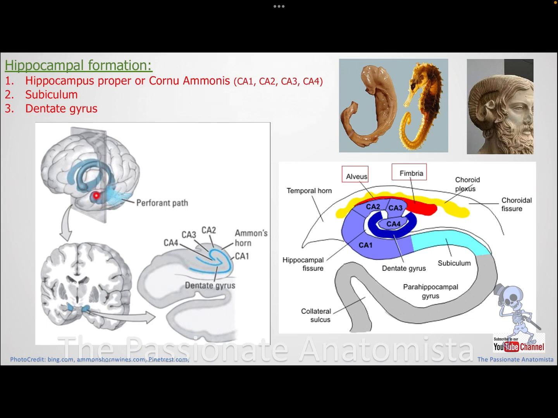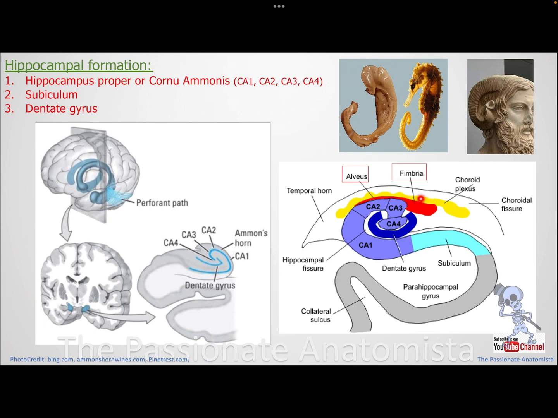Here we have the hippocampus, and these are gray matter nuclei. Every one has a function, and the axons of these cell bodies are going to form the alveus that will take you out of this region.